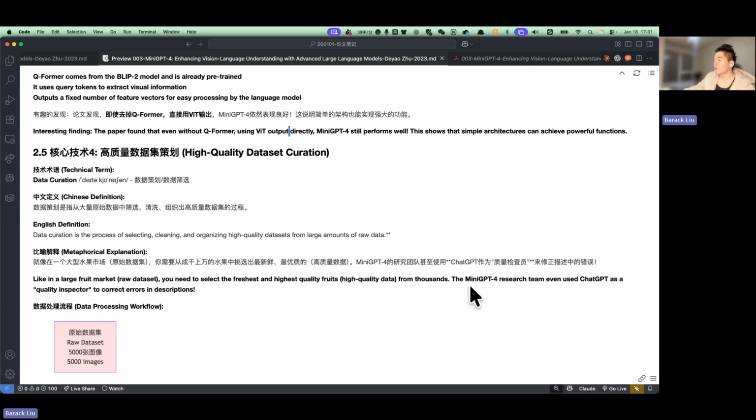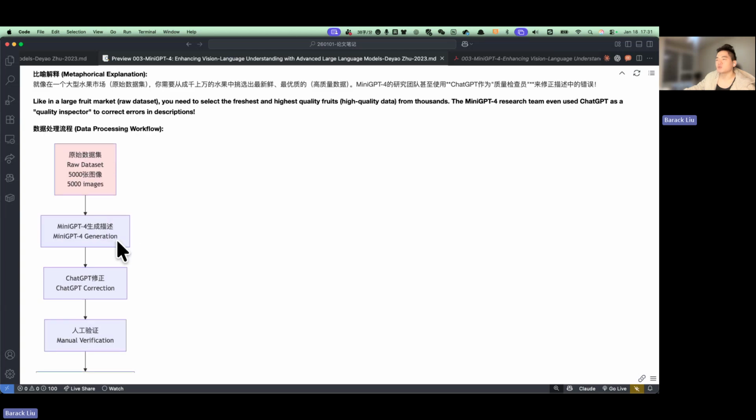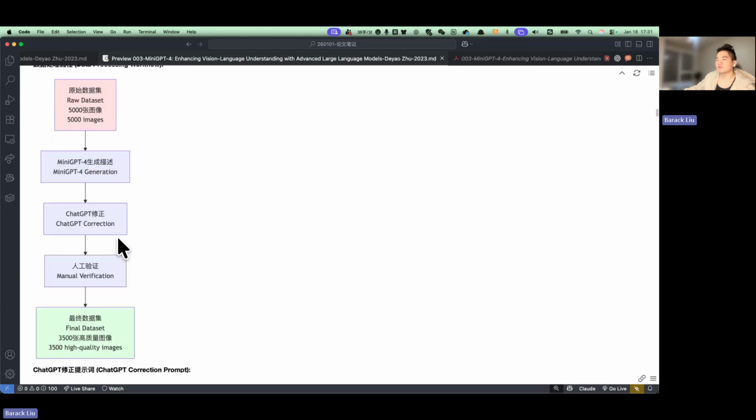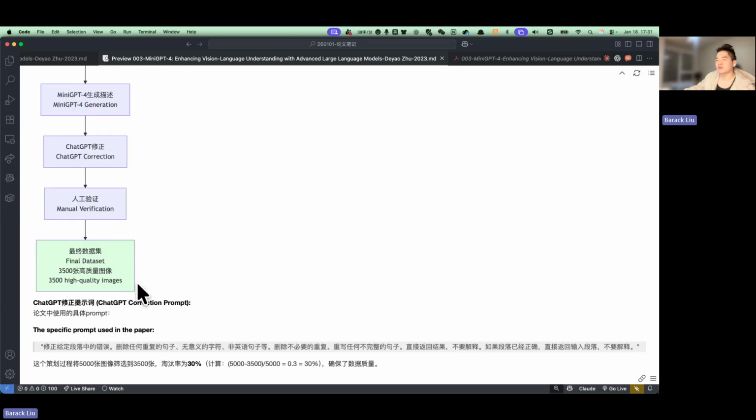The MiniGPT-4 research team even used ChatGPT as a quality inspector to correct errors in descriptions. Interesting. So the data processing workflow is raw dataset, MiniGPT-4 generation, ChatGPT-4 correction, manual verification. Final dataset is 3,500 high-quality images.